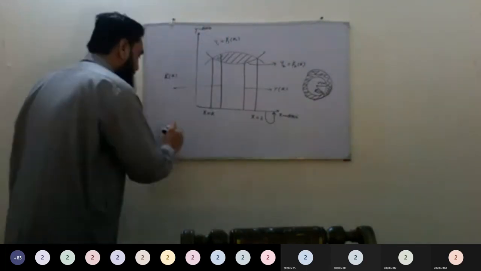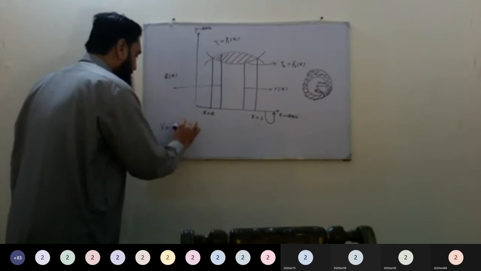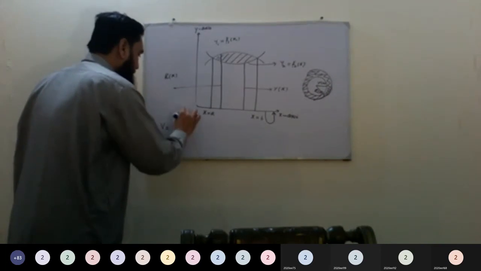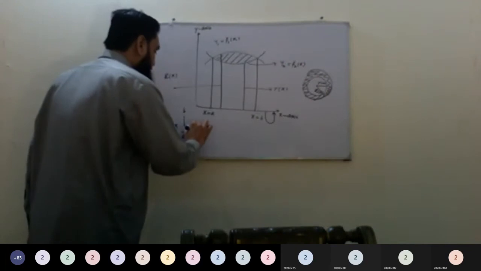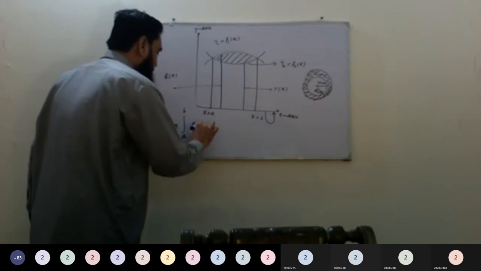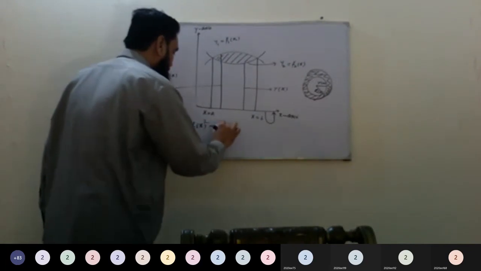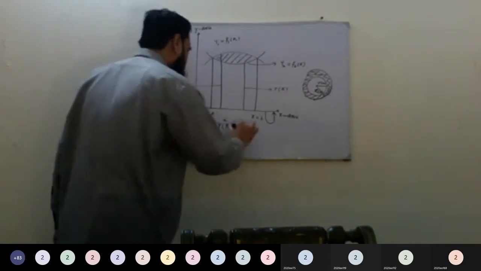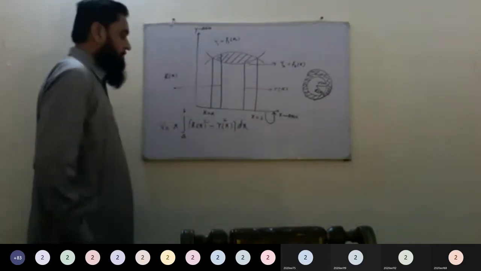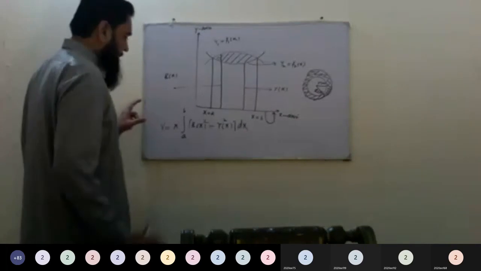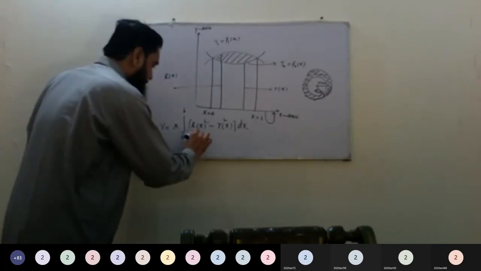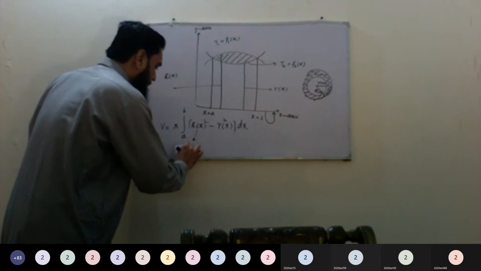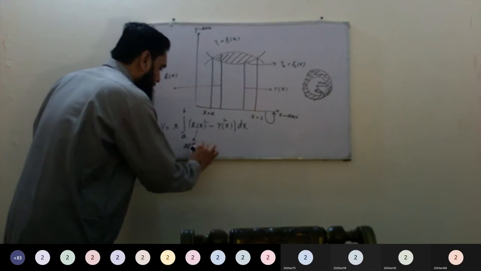So what we see with the formula is the integral from a to b of capital R, one form of the formula, minus small r, dx. So pi is taken outside the bracket. What is this? Outer radius squared.